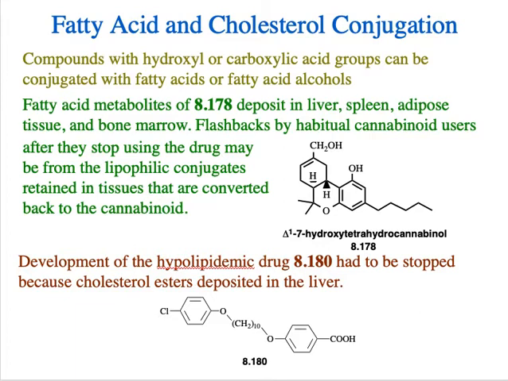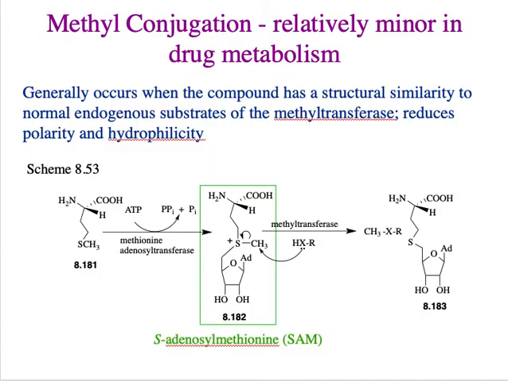Okay, fatty acid and cholesterol conjugation. If you have a hydroxyl or carboxylic acid groups, they can basically be conjugated to fatty acids. An example of this is the methyltransferase, and the winner here is S-adenosylmethionine.